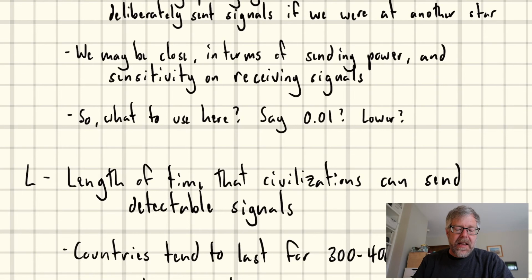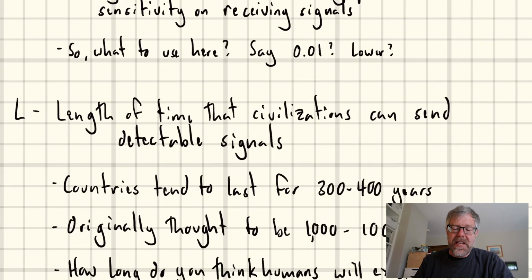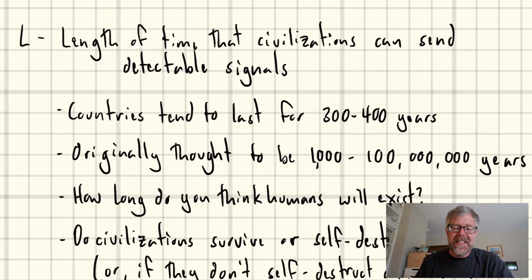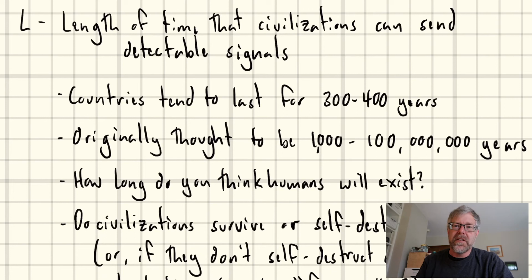All right. L is then the length of time that civilizations can send detectable signals. So once they reach the technology level where they can actually send signals, how long do they last? We have no idea. Once again, we have been around for a couple thousand years, but we have had the technology to send signals out into space for maybe 50 years.